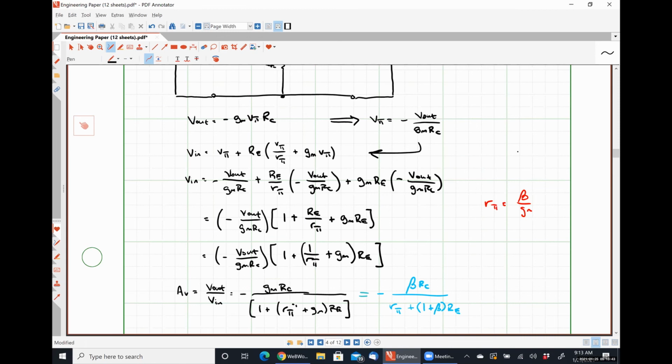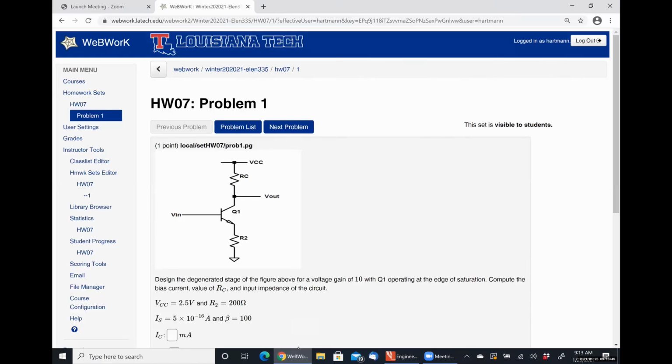Fairly straightforward. The other relationship we're going to have to get is using the DC analysis of the circuit, where since we are at the edge of saturation, VBE is exactly equal to VCE. So we could say that VBE is equal to VCC minus IC times RC minus (1 plus beta) times R2, where the only things we don't know in that equation are also IC and RC.